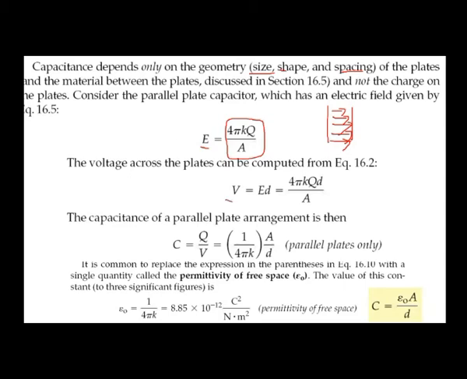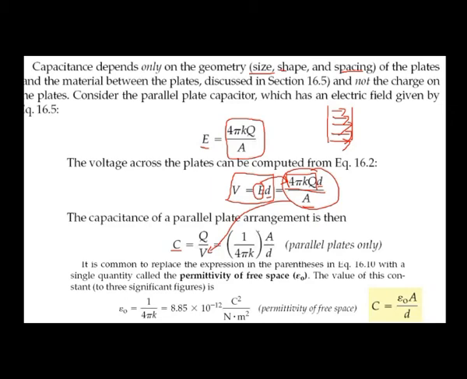And so we have this formula previously, and if we change E with this one, we will have this, and here we have the distance, which is the original formula, divided by area. And if we insert this formula for voltage into our formula for capacitance, the result will be this one.